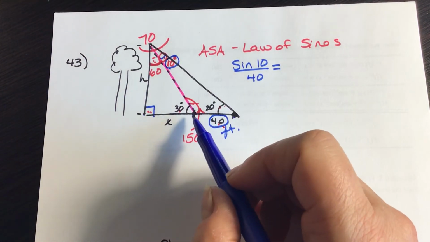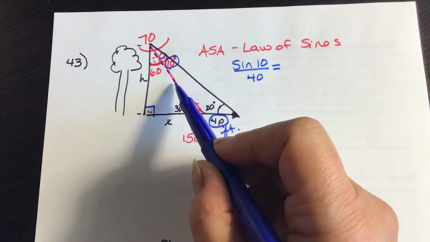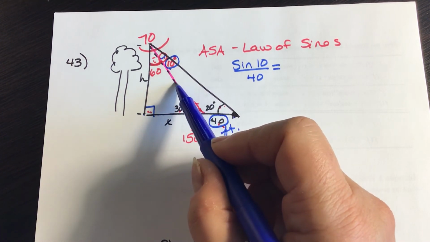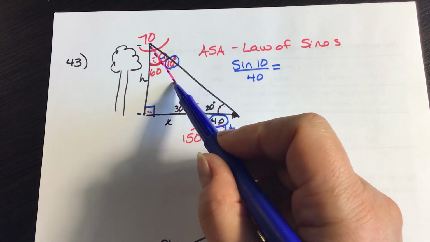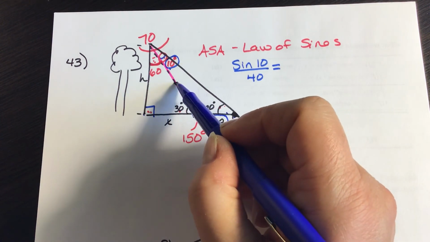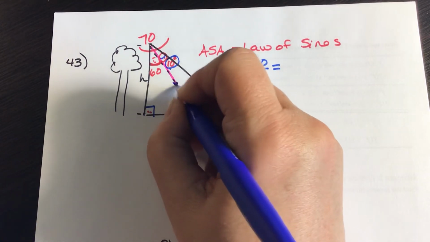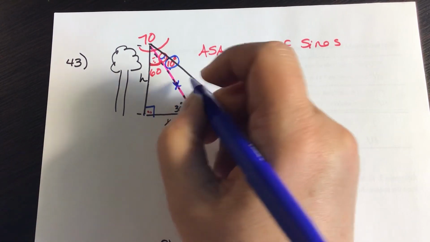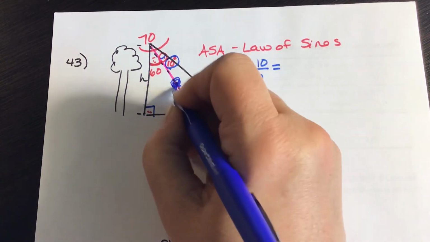And what else do we want to find? Can I find the length of this side? And that would be sine of 20 over this value right here. So let's just say it's p. I don't care what it is.